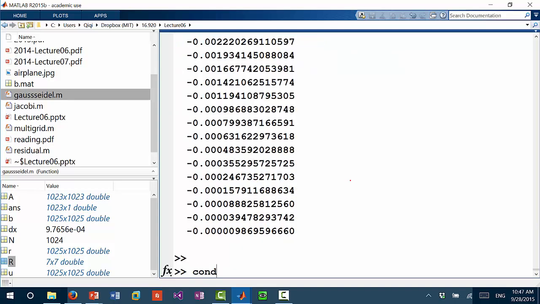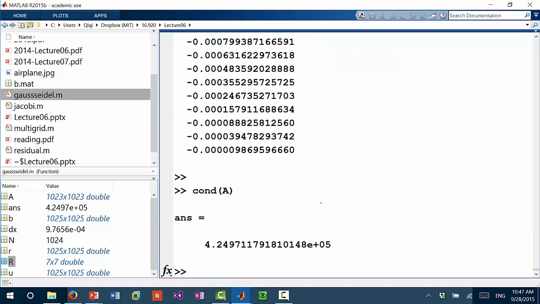And if you type the condition number of A, it's now 4 times 10 to the 5. As we discussed for the eigenvalues of the Jacobi iteration matrix, the condition number of this matrix goes like n squared. So when you have a fine grid, you get a very stiff system.